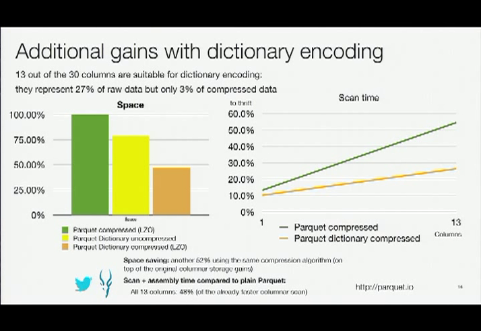So I focused those two graphs on only those 13 columns out of 30 that are suitable to dictionary encoding. Originally, in the uncompressed data, they represent 27% of the space. But after compression, they represent only 3% of the space, because those columns have few distinct values, from a few to several thousands or tens of thousands.